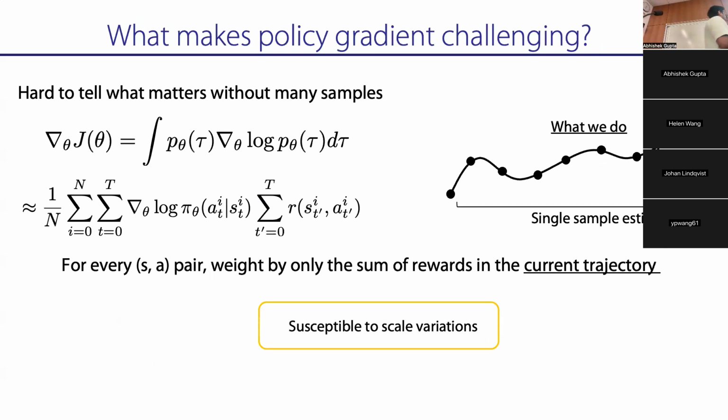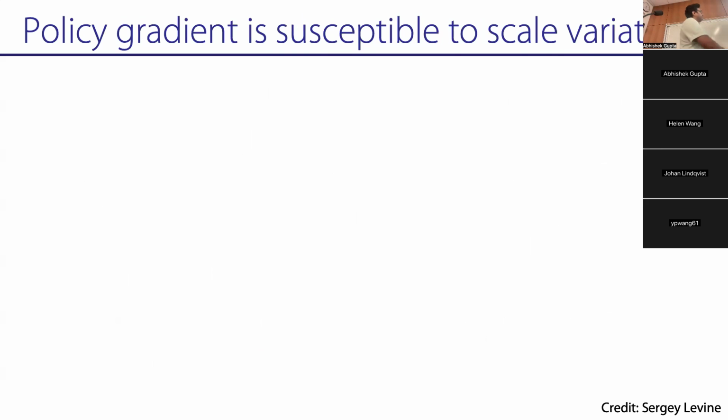Sweet. The next thing we're going to study is the susceptibility to scale variations, the thing I was just talking about. Here's an example I stole from my PhD advisor. It's a plot of trajectories on the x-axis, overlaying probabilities and rewards on the y-axis.